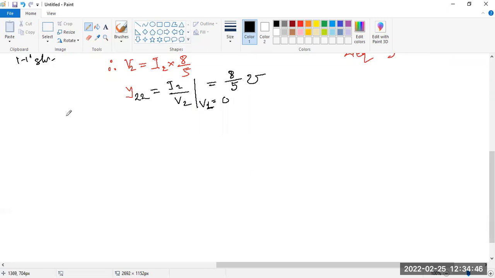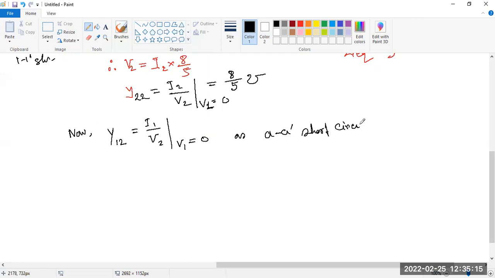Now, as the port is short circuited, then I1 equal to 2 by 5 I2.